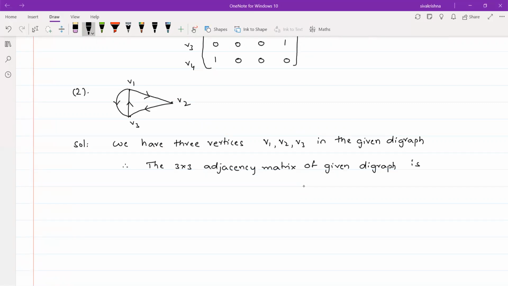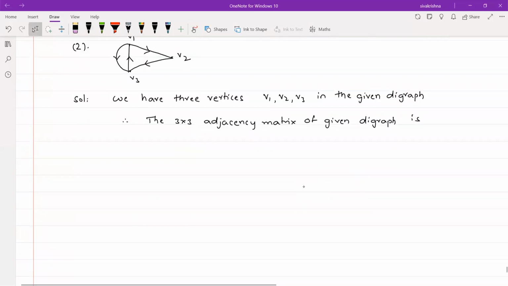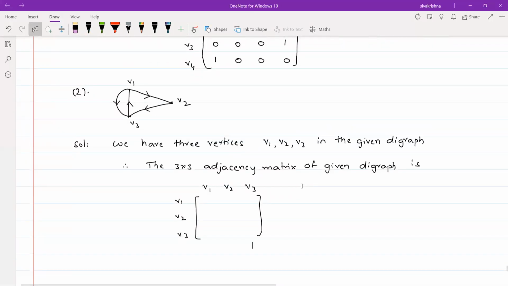is, so once again, we have to represent the vertices v1, v2, v3 along row and also along column v1, v2, v3. Okay, right. So once again, we have to check the edges in between the vertices. So from v1 to, in the second problem also we are not having any self loops. So it means in between v1 and v1 we are not having any edges, so that we have to write 0.